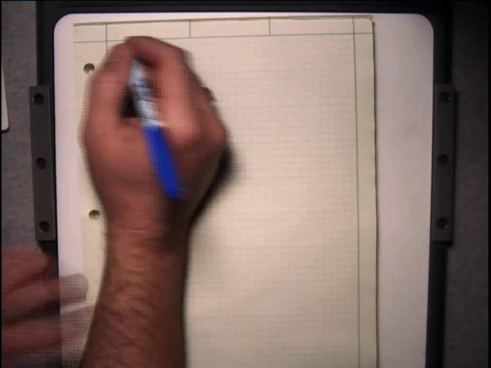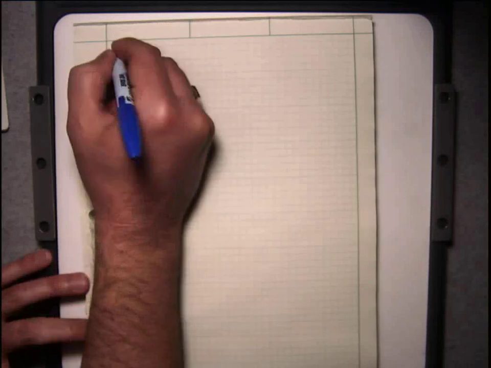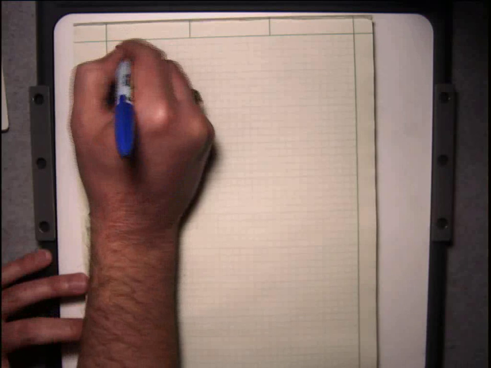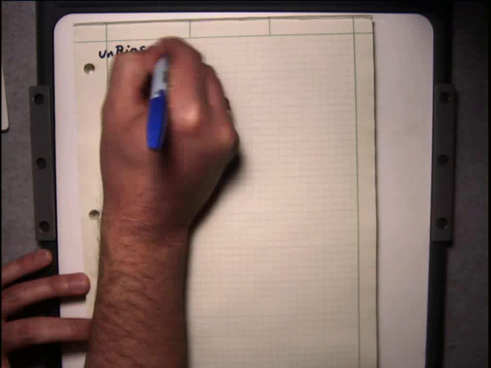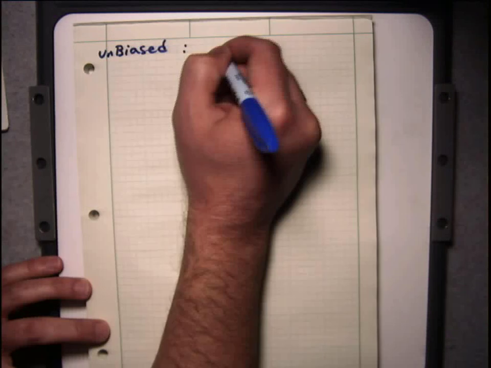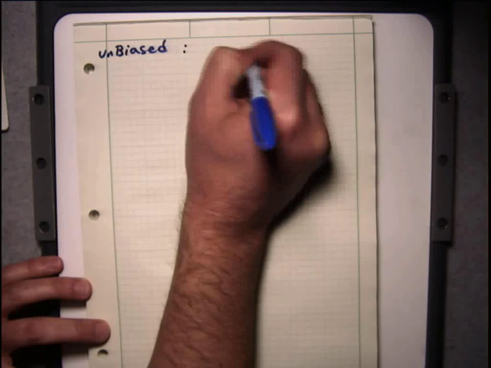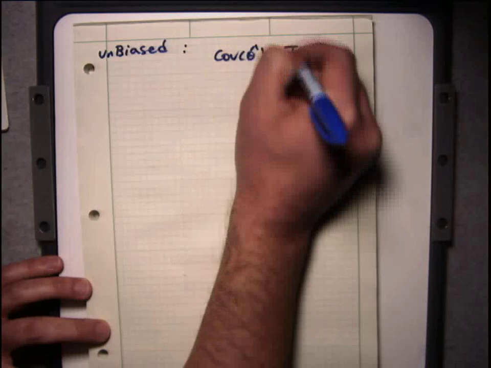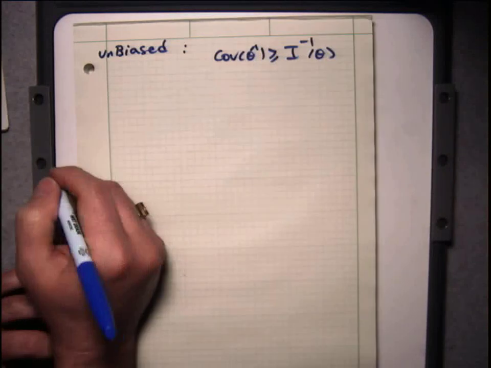So we can take the two cases, biased and unbiased. In the unbiased case, the standard Cramer-Rao bound says the covariance of theta hat is lower bounded by this I inverse.